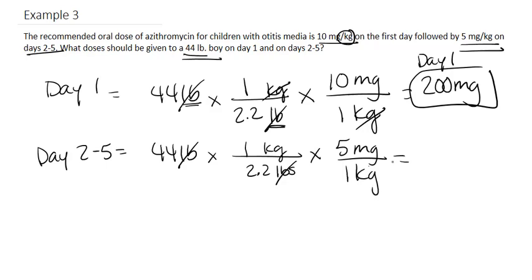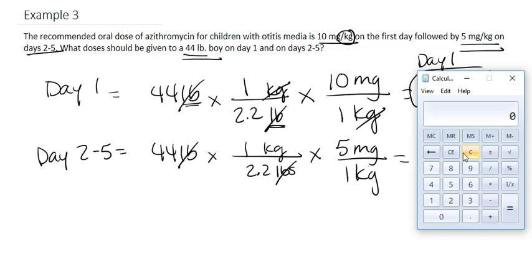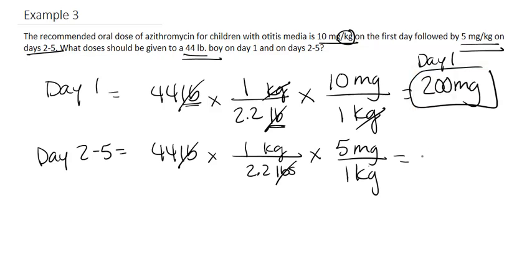This will change the answer for days 2 through 5. So we have 44 times 5, which is equal to 220, and we're going to divide by 2.2 to give us 100 milligrams. And this is for days 2 through 5.